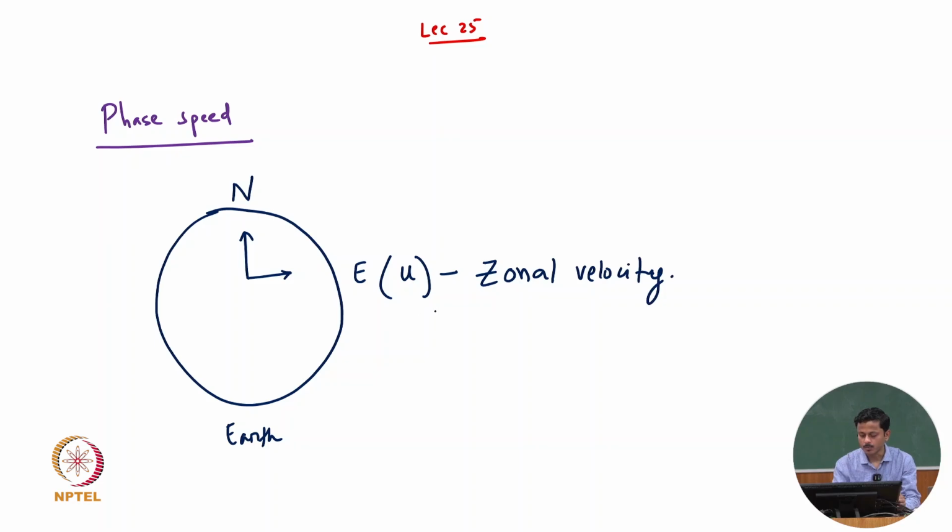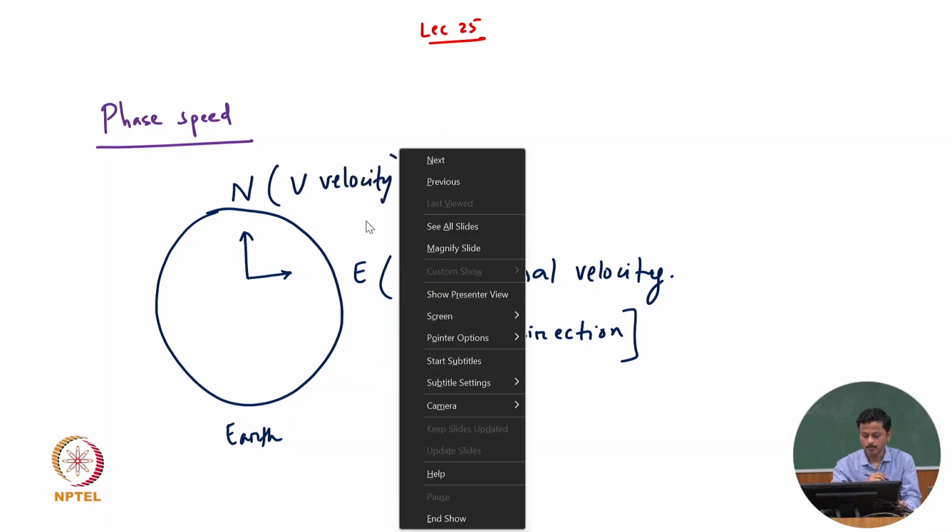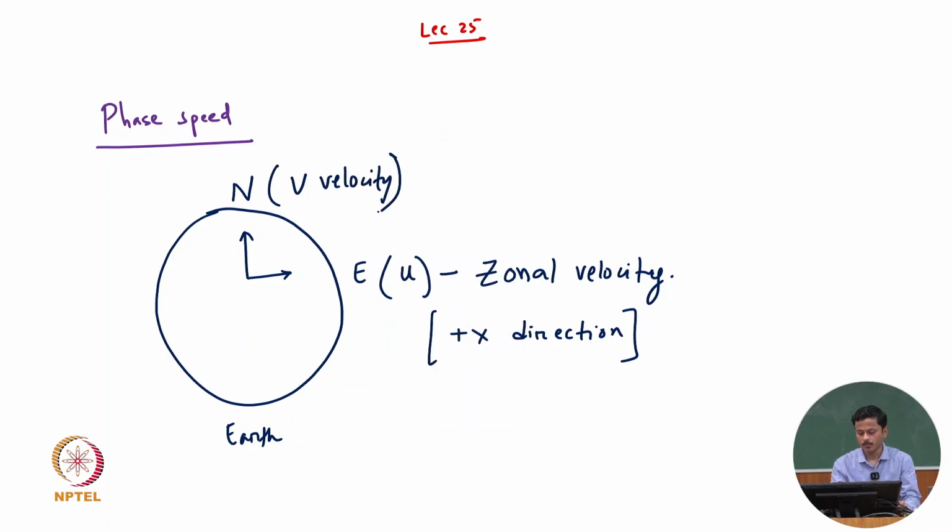And this direction is most commonly taken as the positive x direction. This direction is necessary because we'll be using it to represent the phase speeds. The flow along the longitudes, towards the north, is the positive y direction, represented by the variable v, and this is called the meridional velocity.